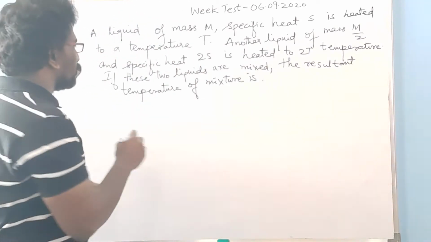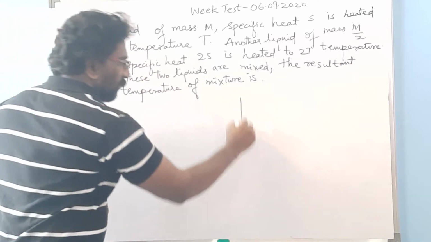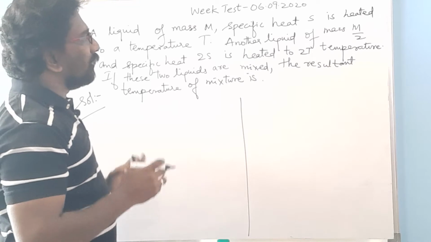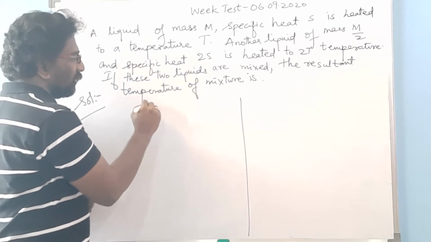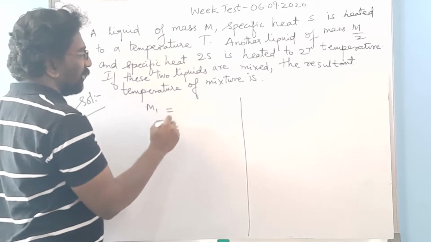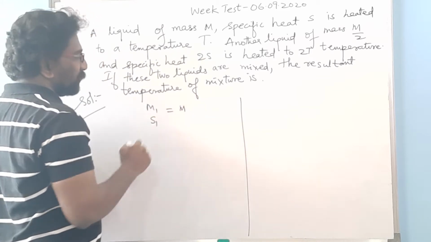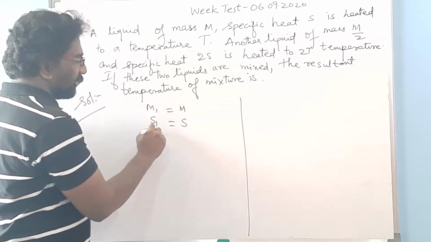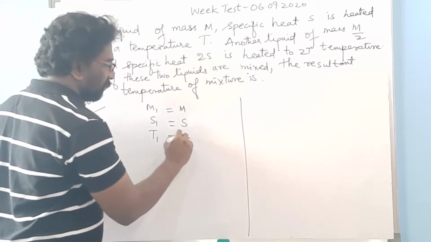So see now, solution. First let me write down the given data. The given data is what? For liquid 1, m1 is the mass, which is m, S1 is the specific heat capacity of liquid 1, that is S, and the temperature of the first liquid, T1, is T, which is given to us.